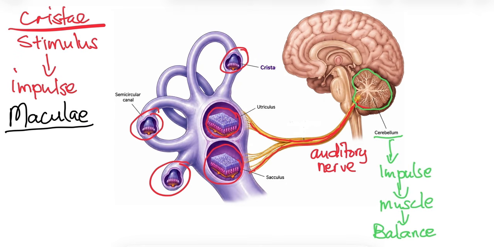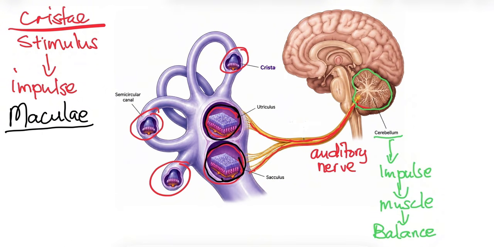Like I said before, a classic example would be somebody bending down so they can tie up their shoelaces. That bending would change the position of the head with respect to gravity. So this will stimulate the receptors found in the utriculus and the sacculus.